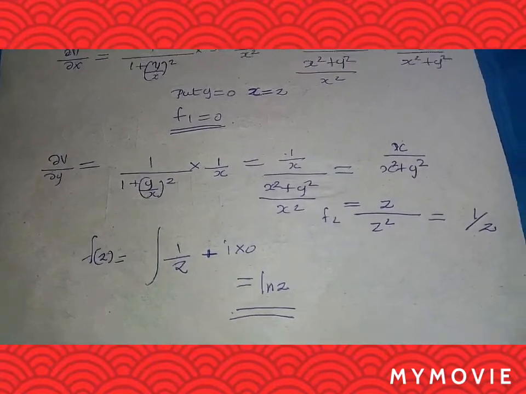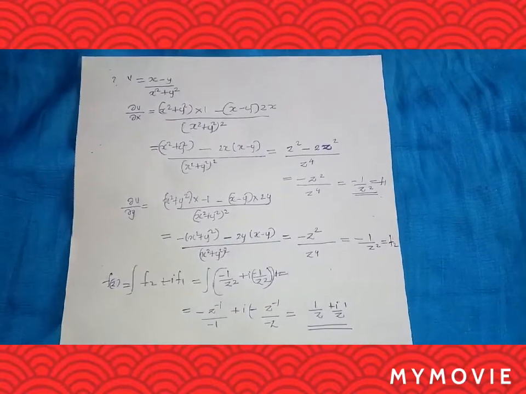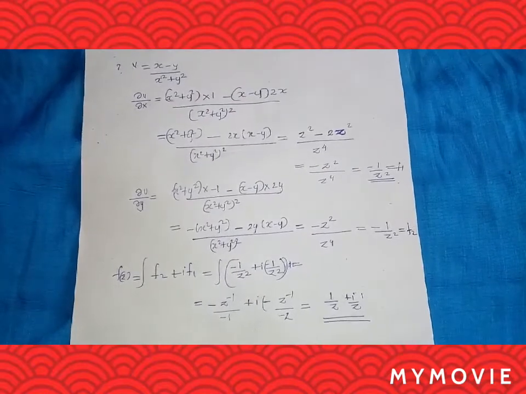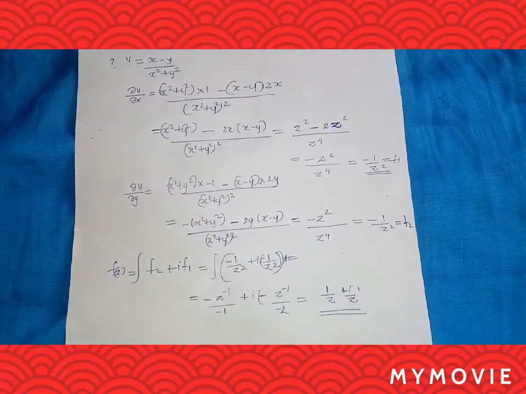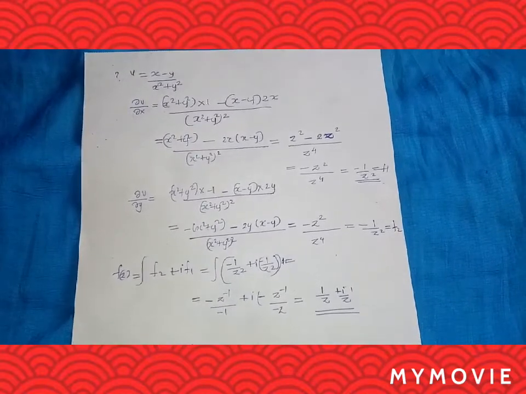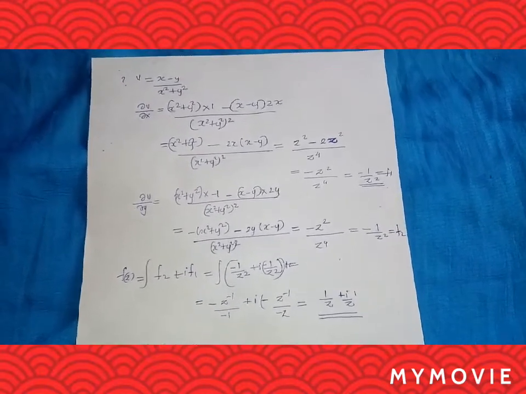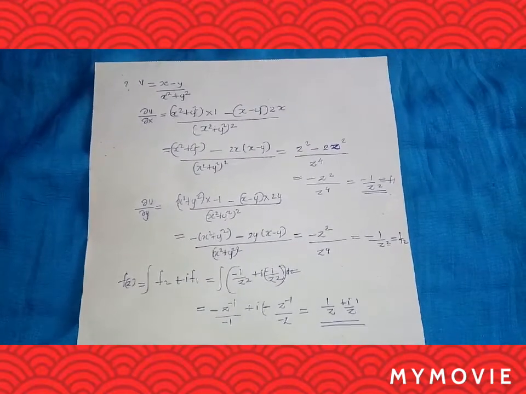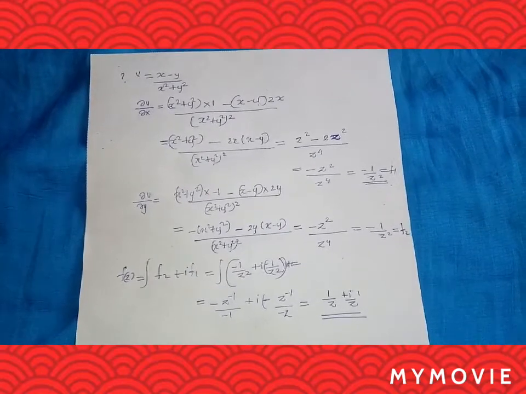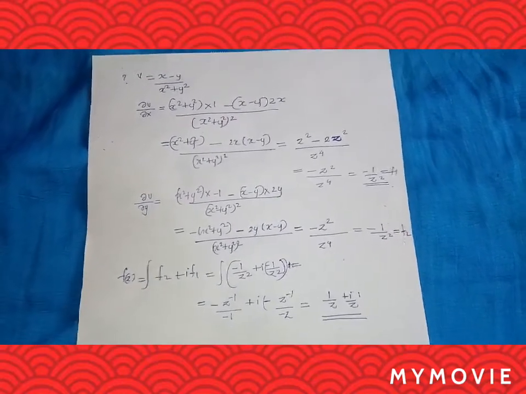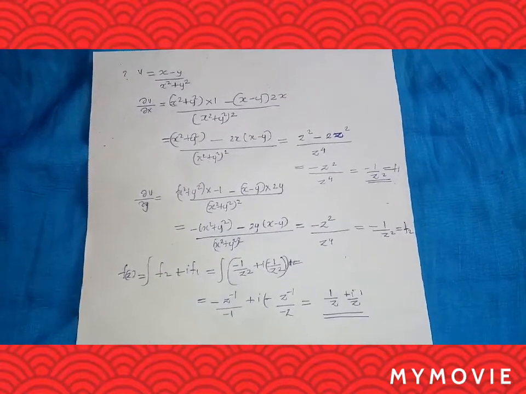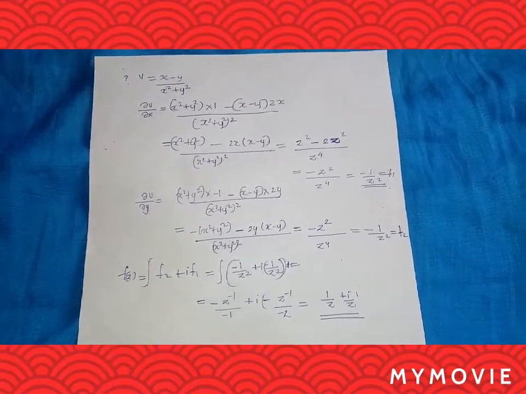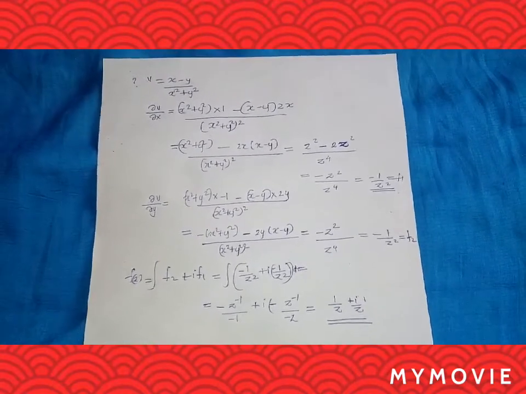Okay. Here the question is v is equal to (x minus 5) divided by (x² plus y²). The imaginary term is given. ∂v/∂x is given by dividing two functions, that is denominator into derivative of numerator minus numerator into derivative of denominator, divided by denominator squared. From this we can simplify and we get the answer as minus 1 by z² as f1. After that we differentiate with respect to y, denominator into derivative of numerator minus numerator into derivative of denominator divided by denominator squared.